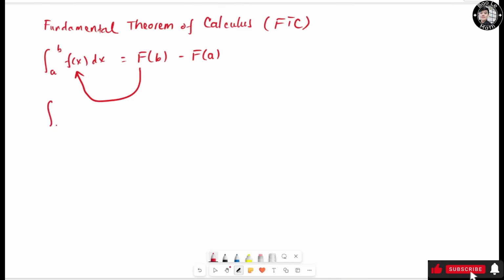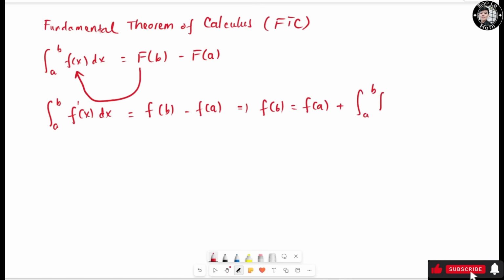If you have the integral from a to b of f prime of s ds, it's going to be f of b minus f of a. So from this formula, we can conclude that f of b, the final amount, is going to be the initial amount f of a, because you add f of a to both sides, plus the integral from a to b of f prime of s ds.